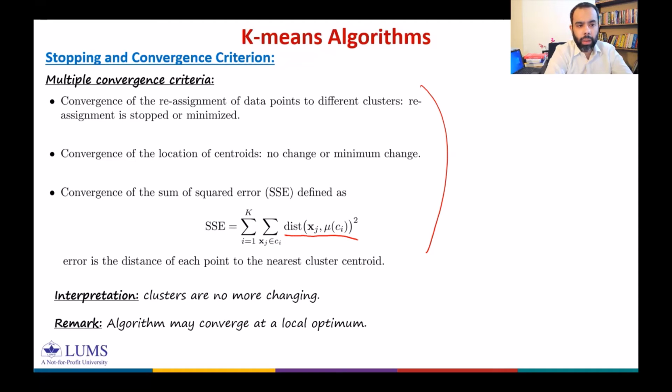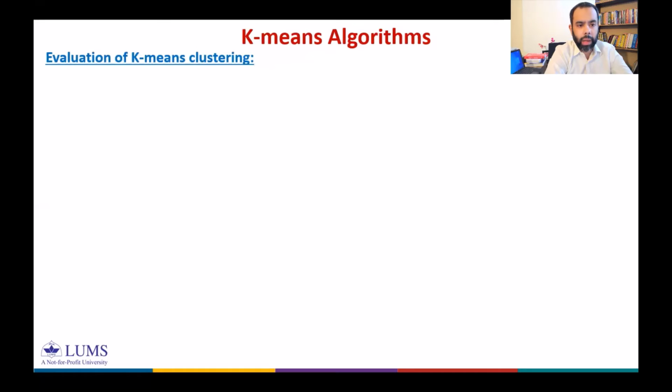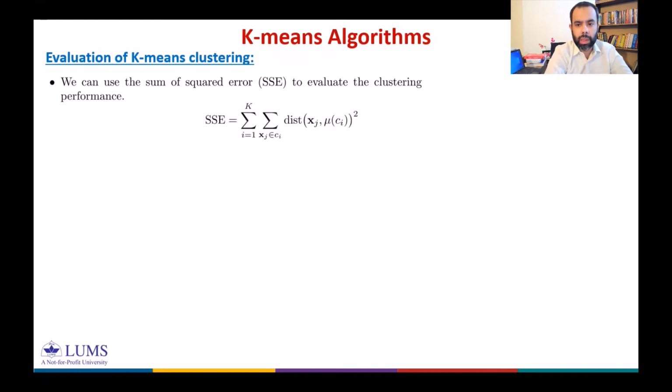Before we look at some issues with K-means clustering, we can talk about how we evaluate K-means clustering. We can use the same sum of squared error to evaluate the clustering performance. This is what we just defined. Obviously, a better clustering algorithm will have the smallest sum of squared error.